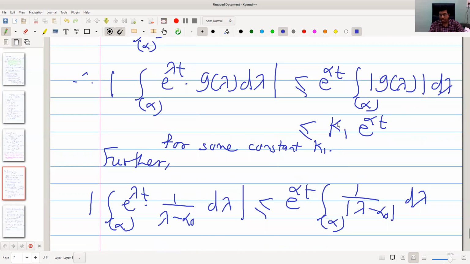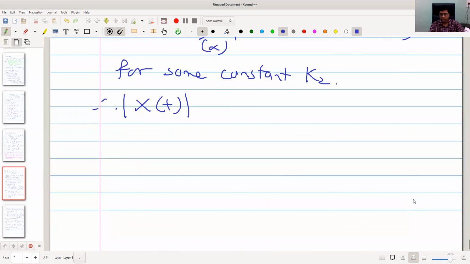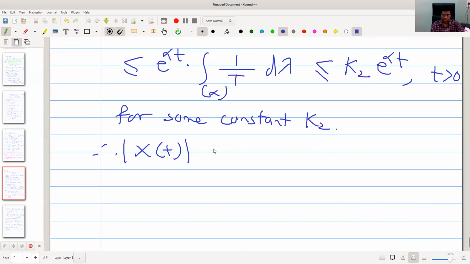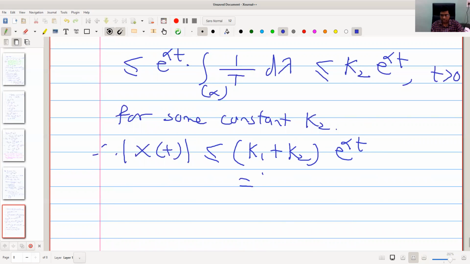That means it is less equal k1 plus k2 e raised to alpha t. And this we can write as k e raised to alpha t, where t is of course positive and k is k1 plus k2. Okay, this proves the result.